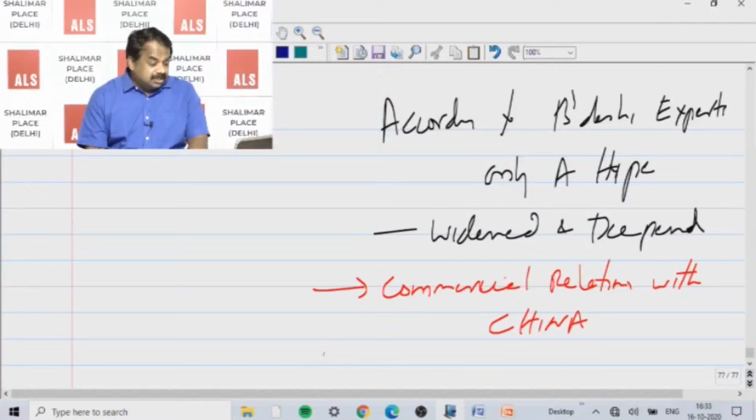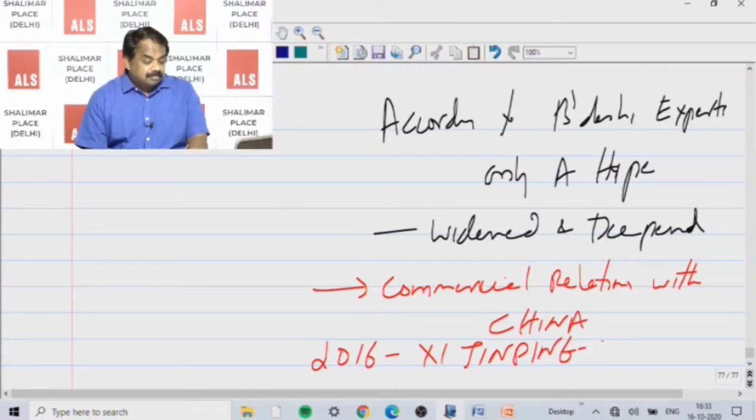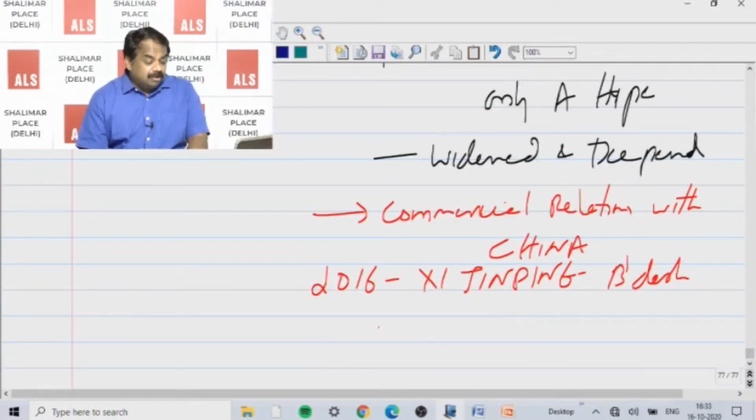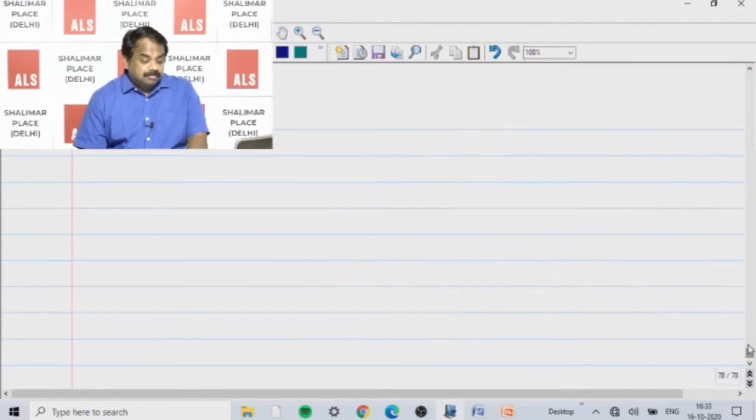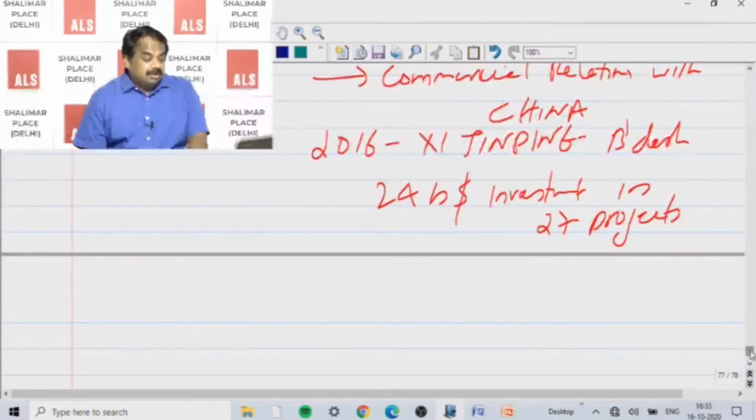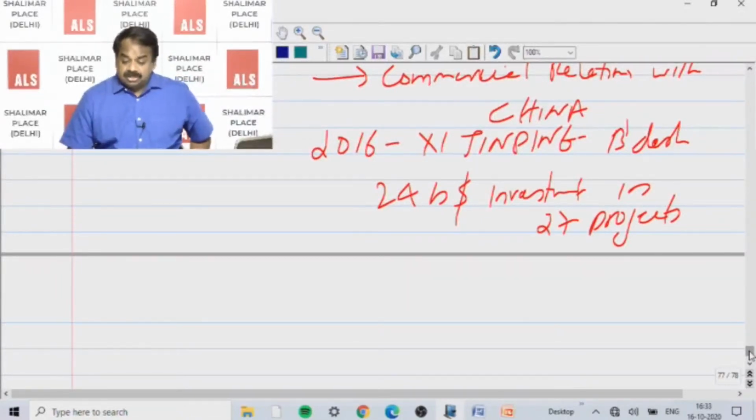And in 2016, as I already told, Xi Jinping again visited Bangladesh and he offered $24 billion investment in 27 projects, and it was a shock to the rest of the world.